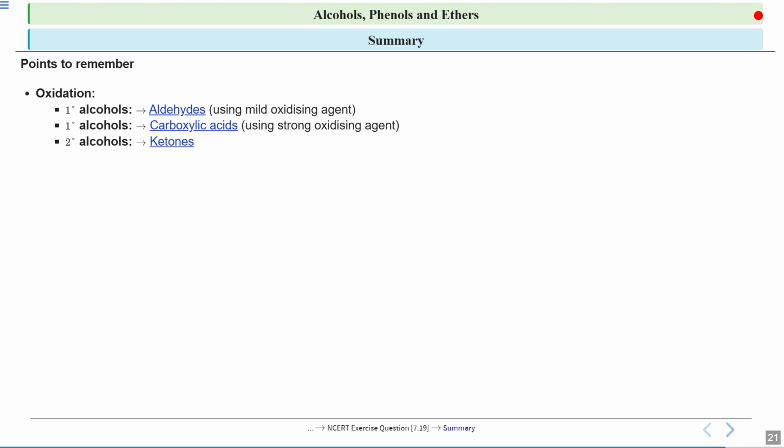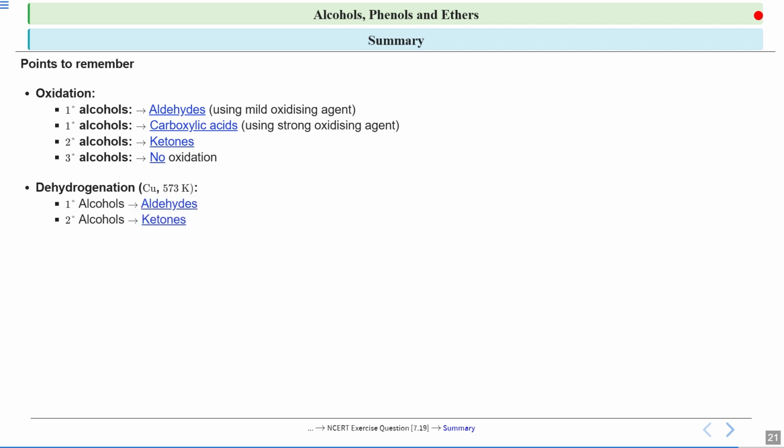And the secondary alcohols will oxidize to ketones, and tertiary alcohols do not show any oxidation. Then we discussed dehydrogenation, that is the removal of H2 from the alcohol, and it is done with heated copper at a temperature of 573 Kelvin. So primary alcohols will form aldehydes, secondary alcohols will form ketones, and tertiary alcohols will form alkenes.